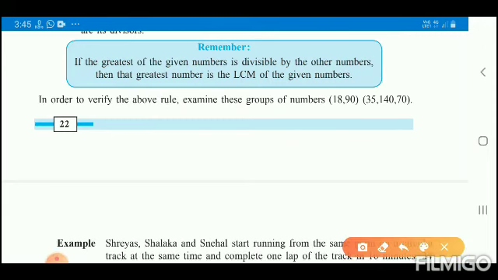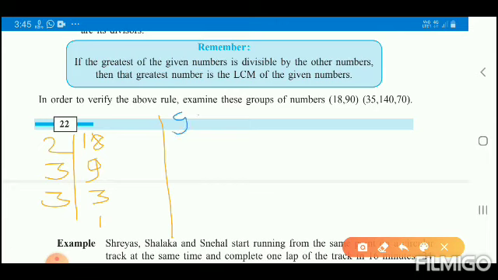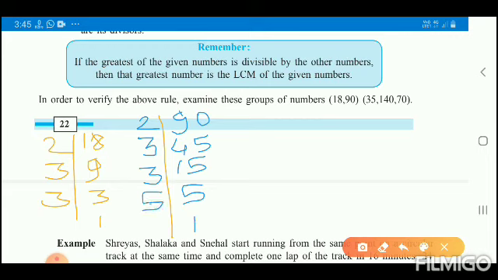We will find the LCM of 18 and 90. Now, tell me the factors of 18. By the vertical method, 18 is divisible by 2, so we get 9, then 3 and 3. The factors of 18 we got. Now we will see the factors of 90. 90 is divisible by 2, so we get 45. Again, 45 is not divisible by 2, but it is divisible by 3, so we get 15, then 5 and 1.